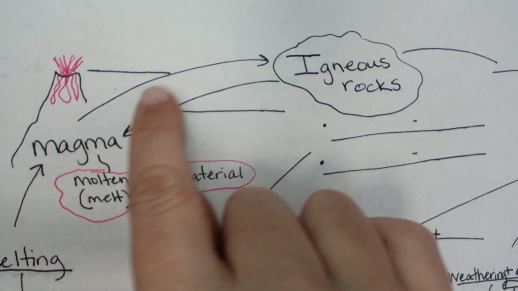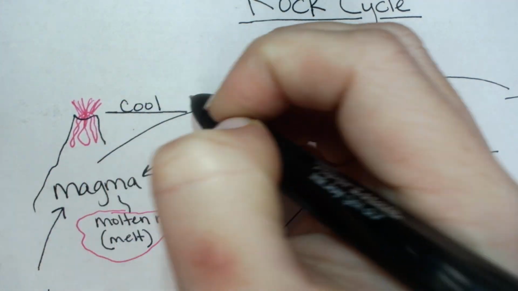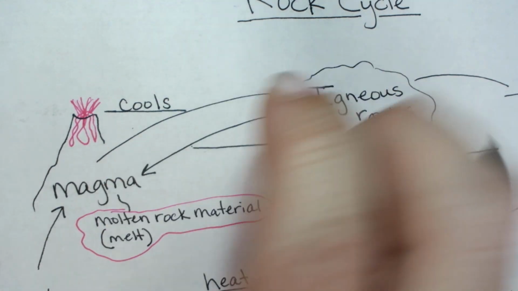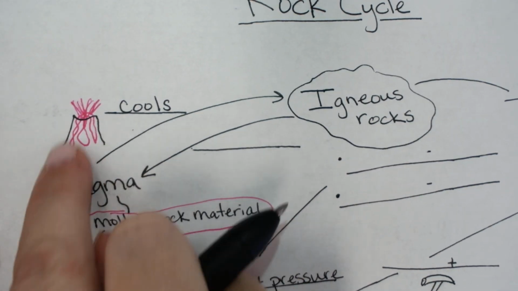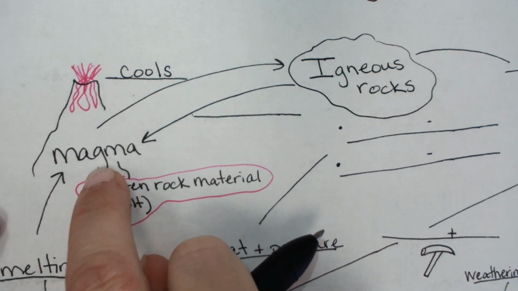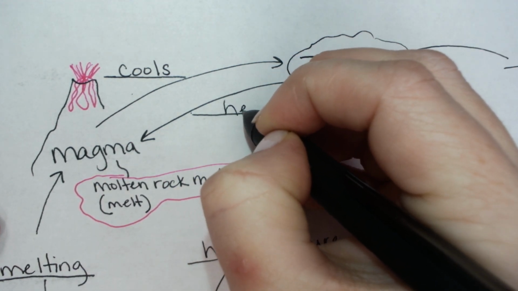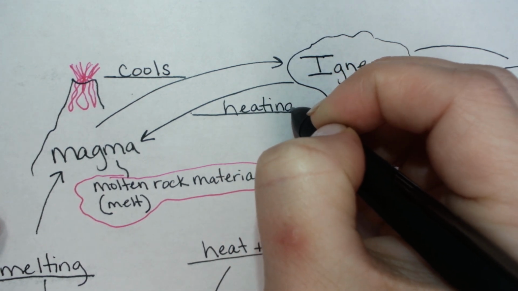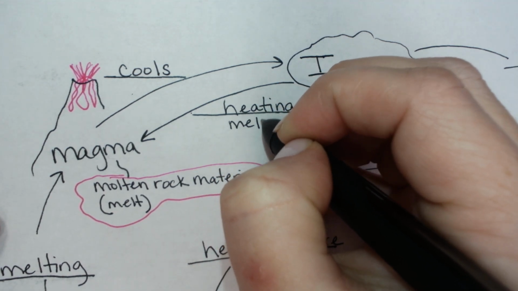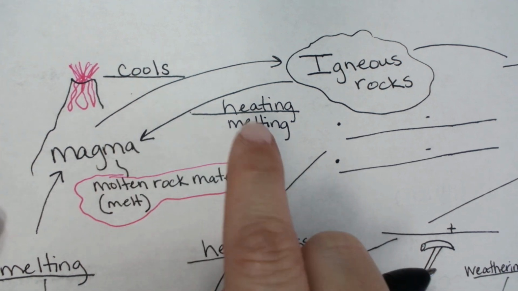All right, from magma, that magma will cool, and that cooling molten rock becomes an igneous rock. Igneous rocks can then turn back to magma by heating, another word is melting. Cooling, melting.